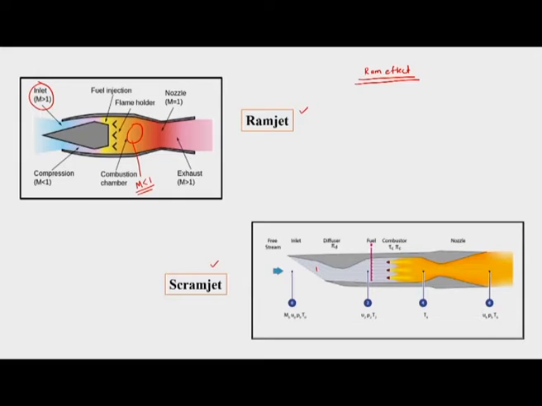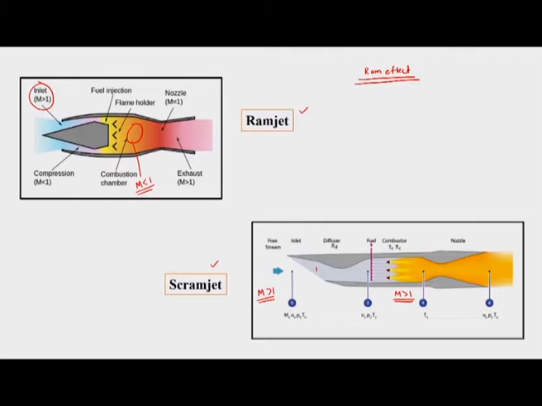In case of scramjet, we would have Mach number greater than 1 at the inlet, and then we would have combustion, which is again happening at Mach number greater than 1. So, on both sides we have Mach number more than 1. So, what would happen over here in the intake is we actually do not reduce the flow velocity to the extent that it will go to subsonic speed.